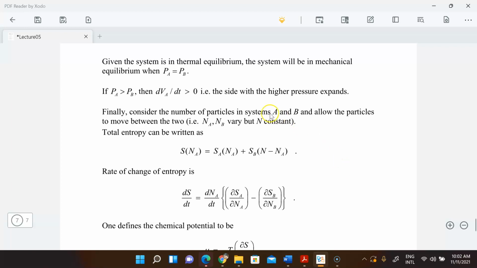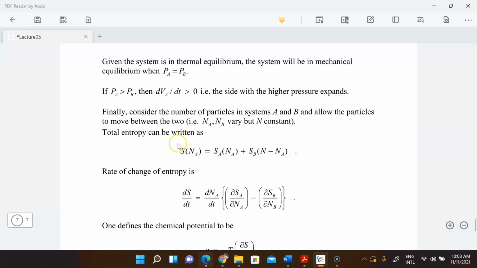In this particular case, we consider the number of particles in system A, which is given by Na, and the number of particles in system B, which is given by Nb. These two numbers can vary, but the total number of particles will stay conserved, or will stay constant.